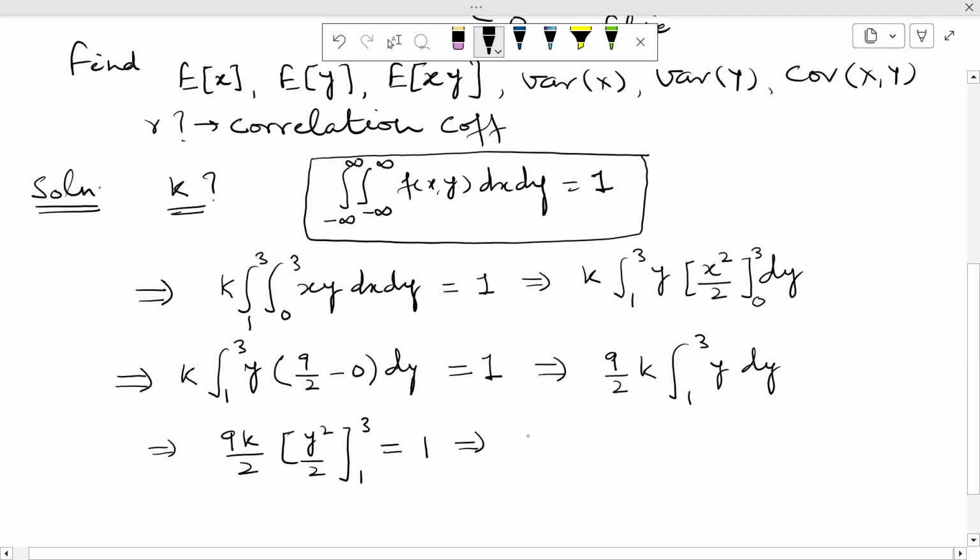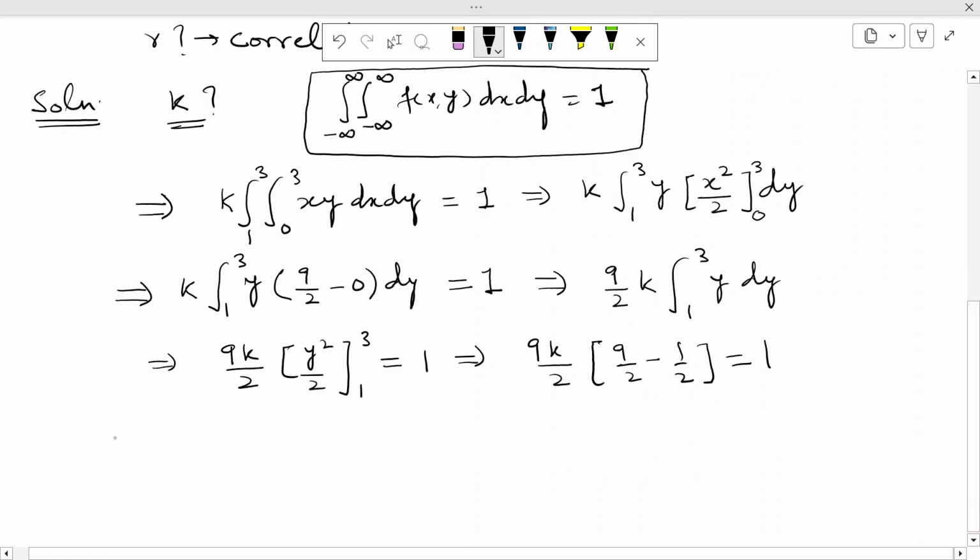So from here we obtain 9k by 2, and when you evaluate, putting in the upper limit, this will be 9 by 2 minus 1 by 2, which is equal to 1, and 9 by 2 minus 1 by 2 comes out as 4.